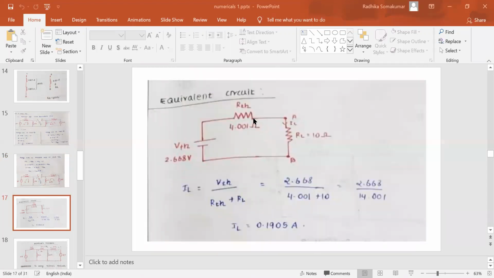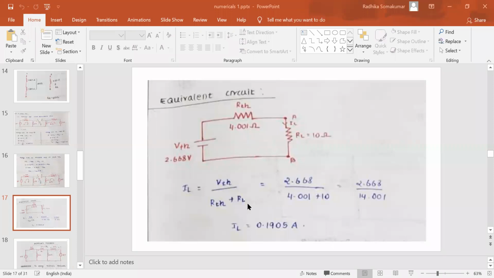Before that, you need to represent the given. The question asked was to find out the current flowing through your load resistance. So we have found out the equivalent Thevenin voltage as well as the Thevenin resistance. Now you need to find out the current flowing through the load resistance.